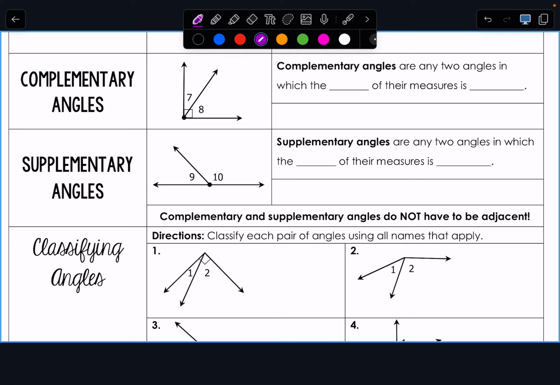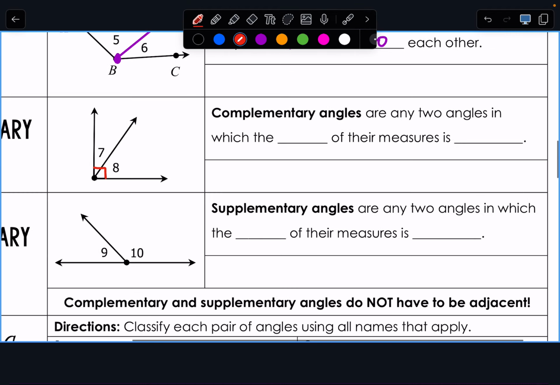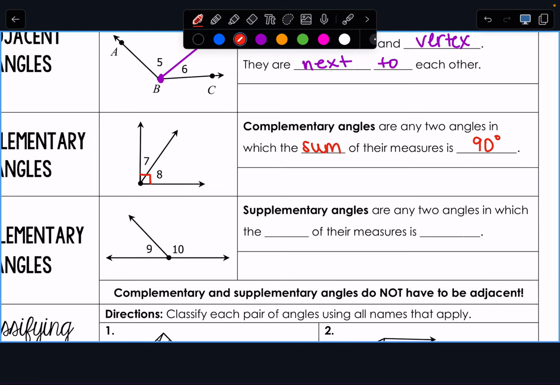Well, what does this little box mean right here? 90 degrees. Okay. So, complementary angles are two angles in which the sum, because that means we add, is 90 degrees.